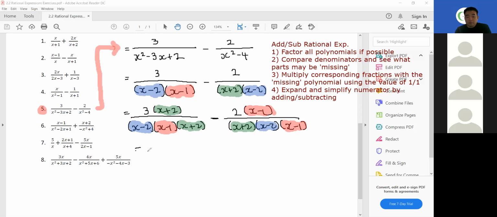So let's do it. The denominator is, remember, because it's multiplication of these binomials, I don't care what the order is as long as it's all there. The top part is 3 times x plus 2 subtracted by 2 times x minus 1.